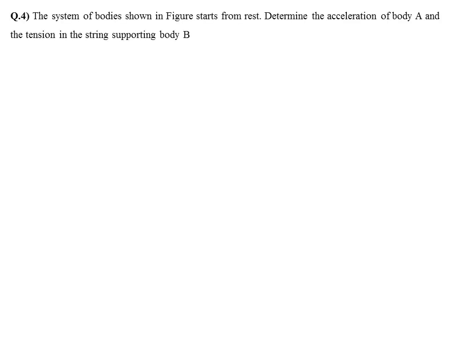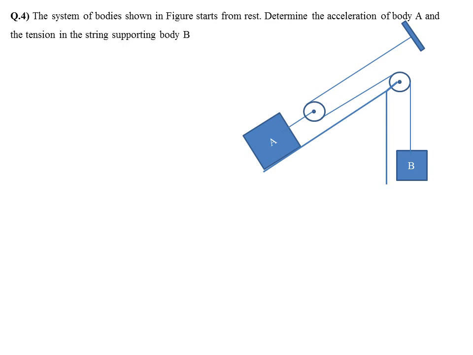Okay, now we will go to another question. A system of bodies shown in the figure starts from rest. Determine the acceleration of body A and the tension in the string supporting the body B. Okay, so it's an inclined surface.